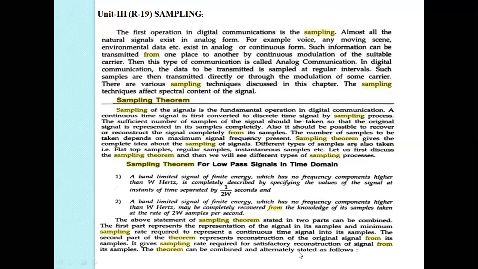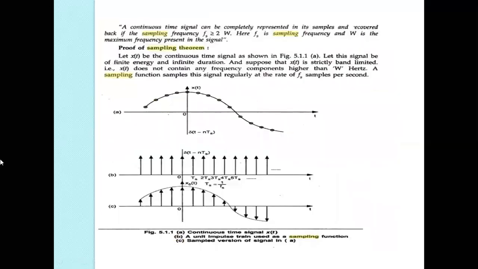The theorem can be combined and alternately stated as follows. A continuous time signal can be completely represented in its samples and recovered back if the sampling frequency Fs is greater than or equal to 2 Fm. Actually it is Fm, represented here as omega. Here Fs is the sampling frequency and omega is the maximum frequency.